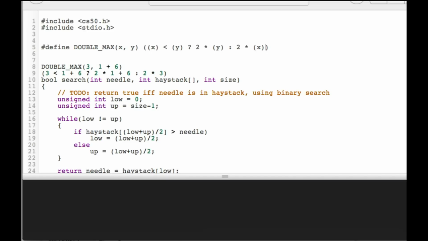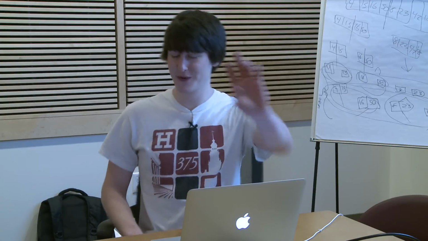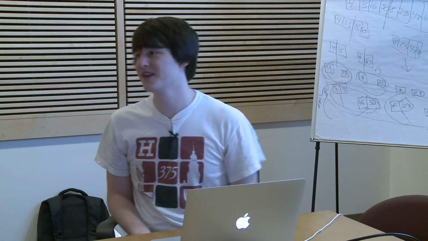There are cases where you don't have to. Like I know that I don't need to do that here because less than is pretty much always going to work. Although that might not even be true. If there's something ridiculous like double max 1 equals 2, then that's going to get replaced with 3 less than 1 equals 2, and so it's going to do 3 less than 1, does that equal 2, which is not what we want. So in order to prevent any operator precedence problems, always wrap in parentheses.